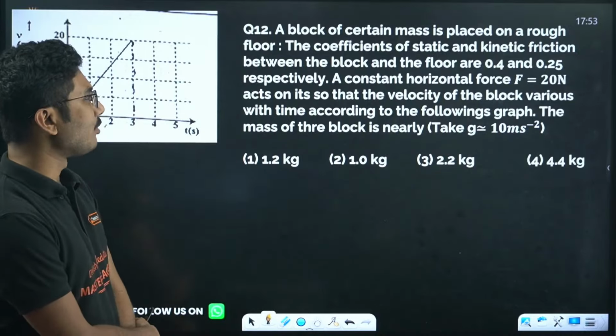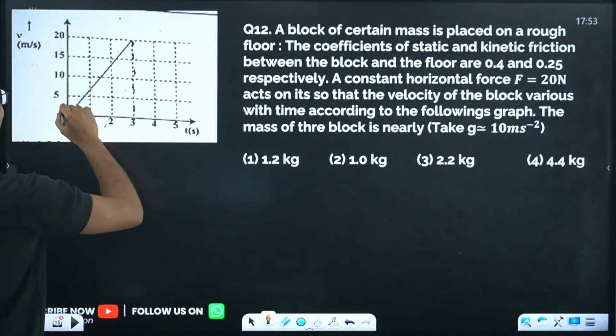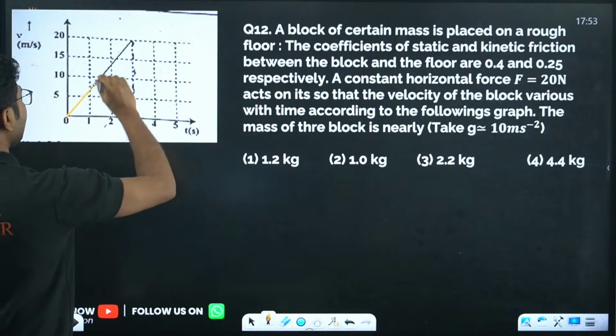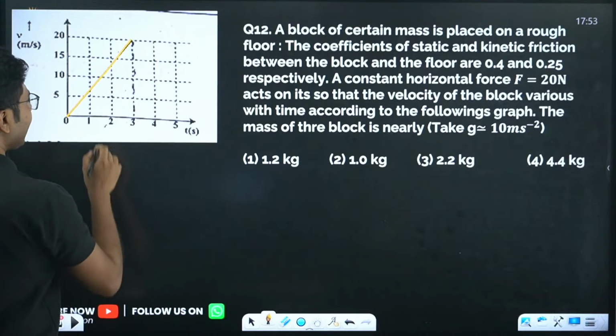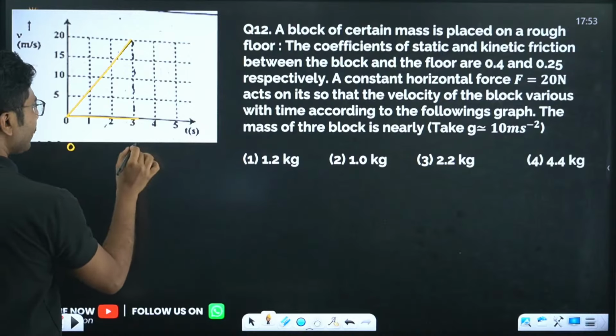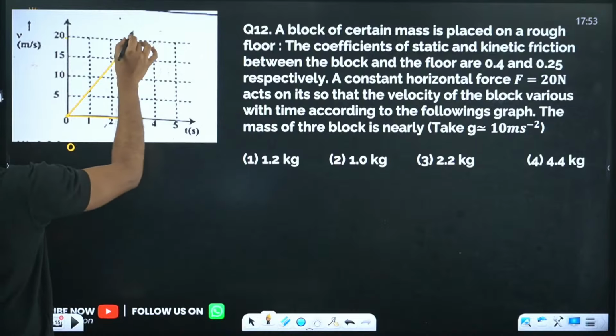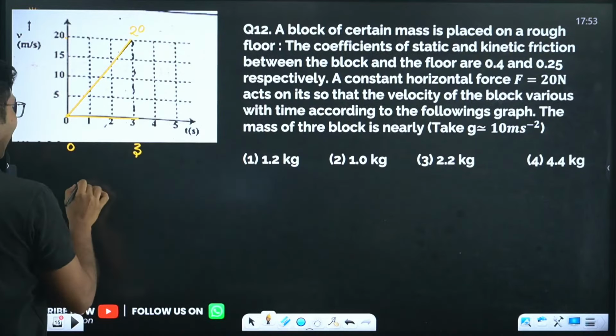The mass of the block is nearly. So velocity is changing like this. From 0 to 3 seconds, velocity changes from 0 to 20. So what is the acceleration of the block?